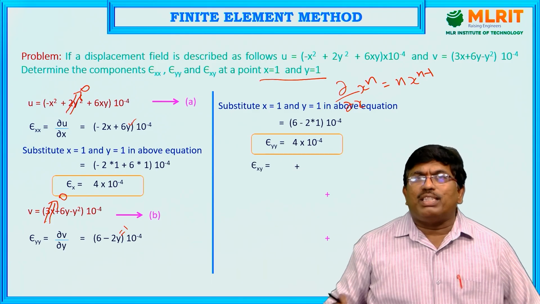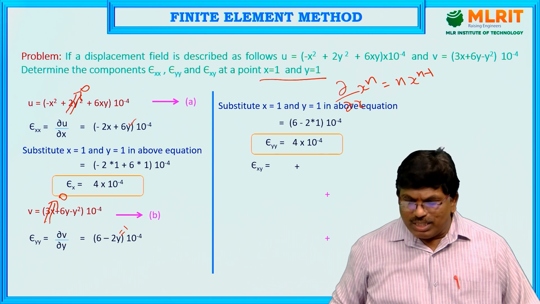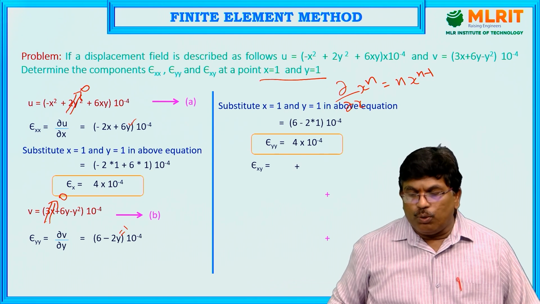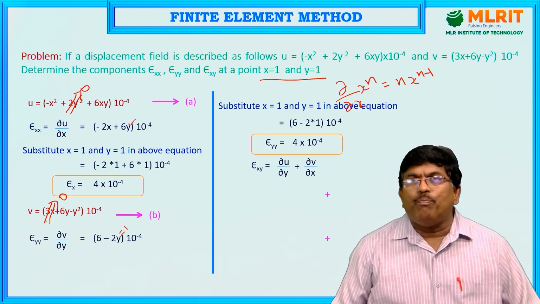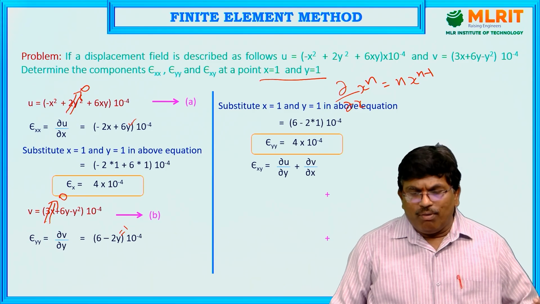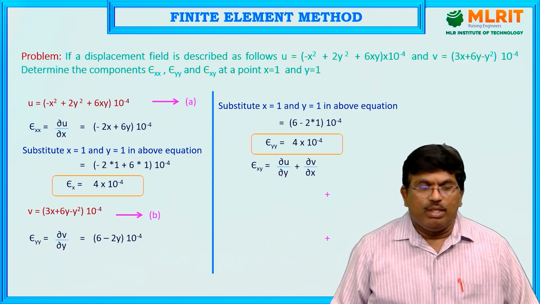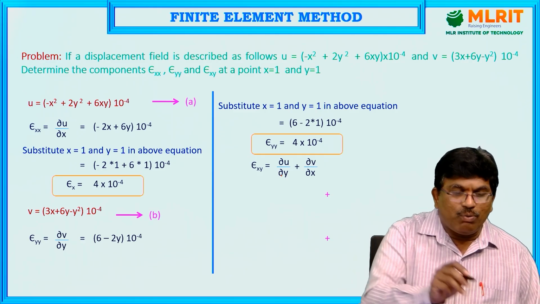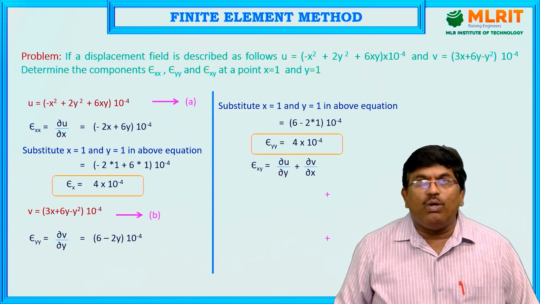So epsilon xy is a shear strain. I already discussed what shear strain is. So this equals dou u by dou y plus dou v by dou x. Same equations A and B, but we have to differentiate with respect to other variables. So epsilon xy equals dou u by dou y. Equation A gives the u, so differentiate equation A with respect to y.